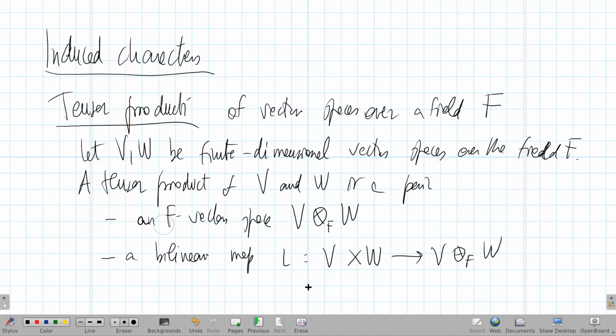To say that it's bilinear means that iota of lambda 1 V1 plus lambda 2 V2, comma W, is equal to, so it's linear in the first component, meaning that you have lambda 1 iota of V1, W plus lambda 2 iota of V2, W. And the same in the second component.